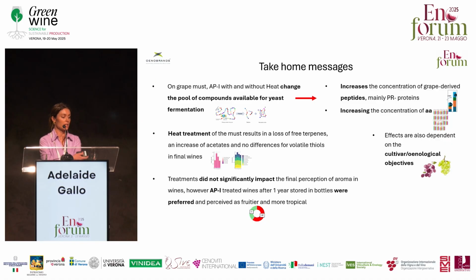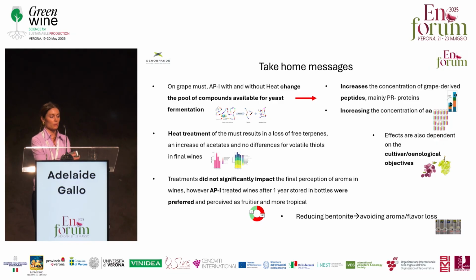When it came to the tasting, oenologists did not perceive a specific impact, if not a different volume in terms of mouthfeel. And so by reducing the usage of bentonites, of course, you have less impact in terms of aromas and flavor.